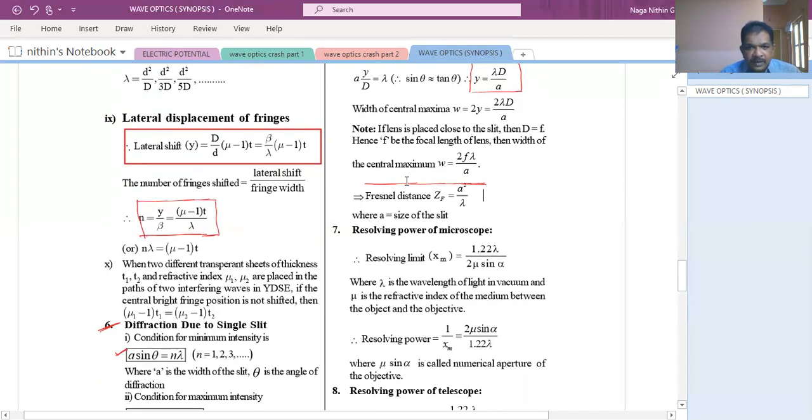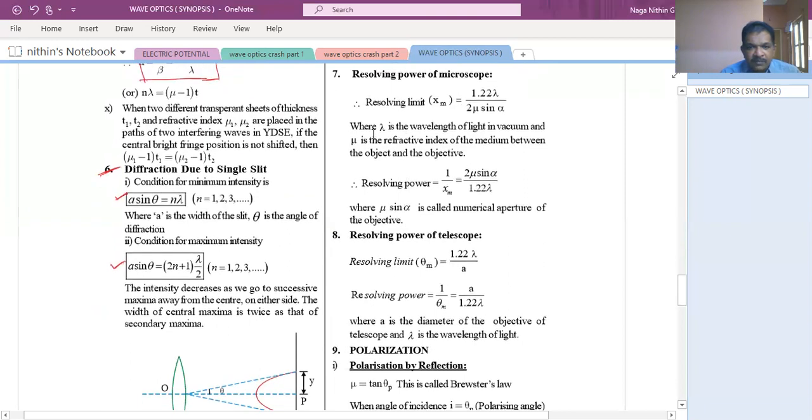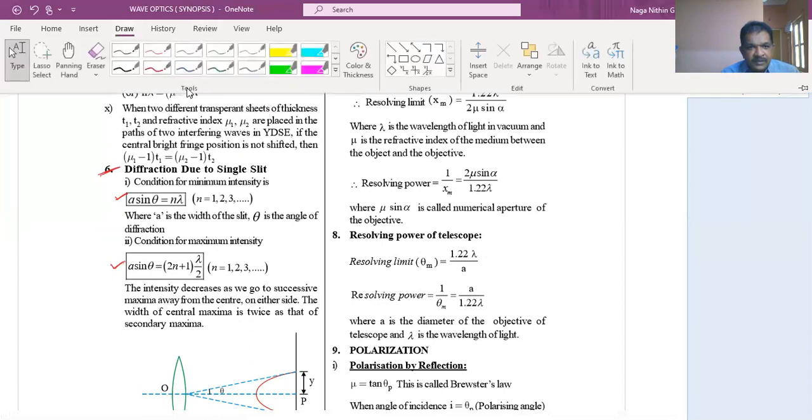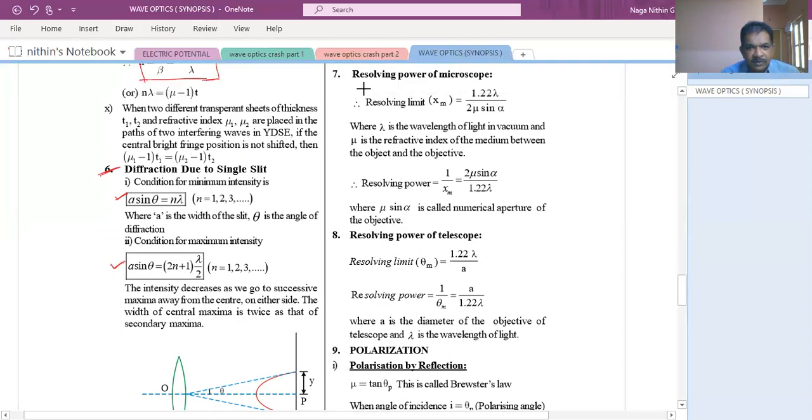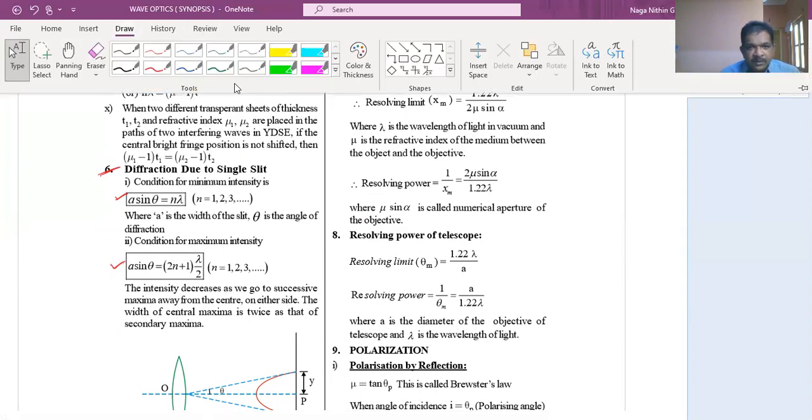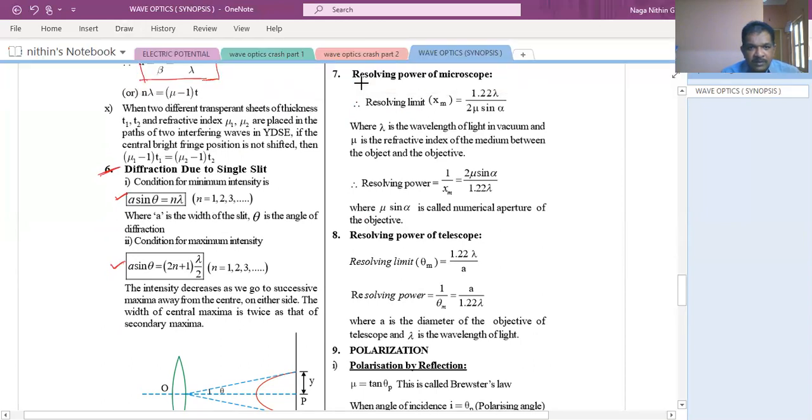Okay. Next, resolving power of the microscope and telescope. Previously, questions were asked on this concept. What is the resolving limit of a microscope? That formula will be 1.22 lambda by 2 mu sin alpha.